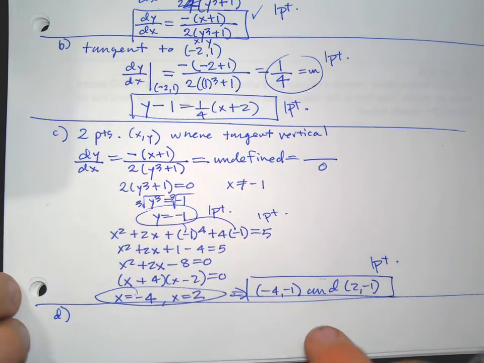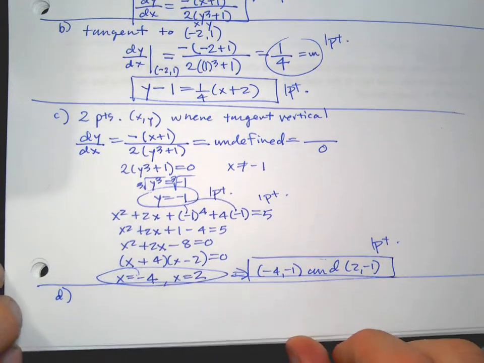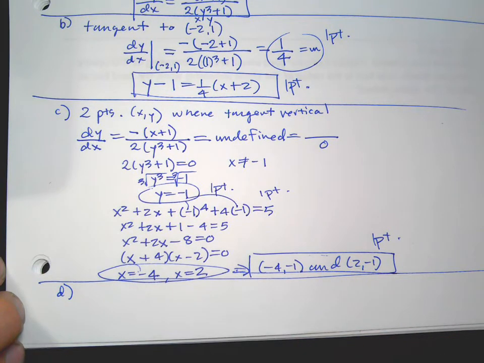D says, is it possible for this curve to have a horizontal tangent at points where it also intersects the x-axis? Explain your reasoning. Are there any horizontal tangents at x-intercepts? Well, there's different ways you could do this.